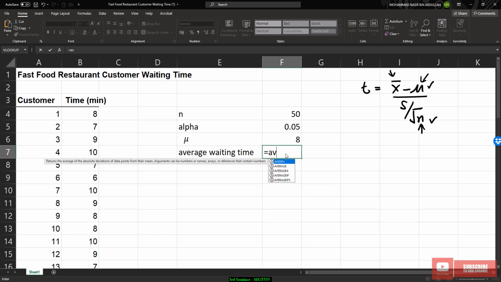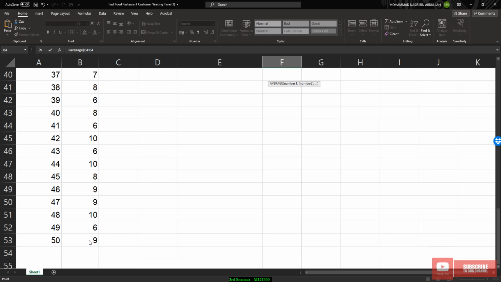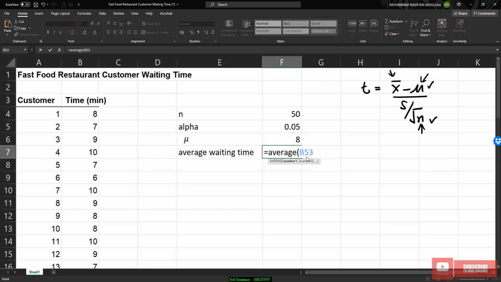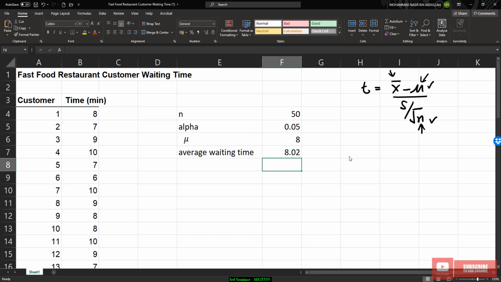Last lecture, remember average, from B4 until B53, right? So this is the average waiting time. We have taken x bar too.